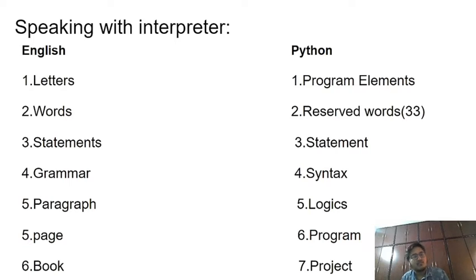In Python, there are very few programming elements. There are only some programming elements like variables, keywords, identifiers, data types, and constants. Letters 26, very few programming elements.